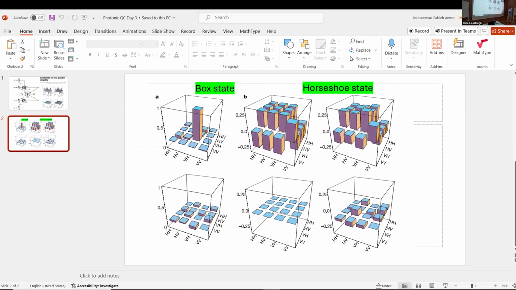Try to do this as an exercise. And then, when the experiment was done, this is what the tomography revealed. If I were to start with the box state, it does not generate any entanglement. The box state density matrix looks like this; this is what has been generated.